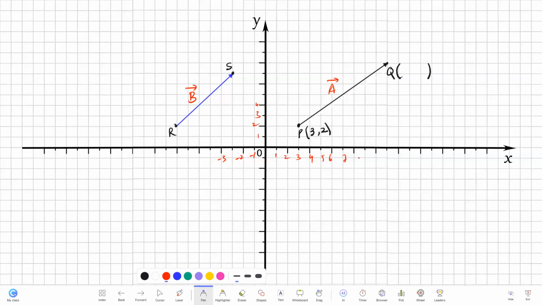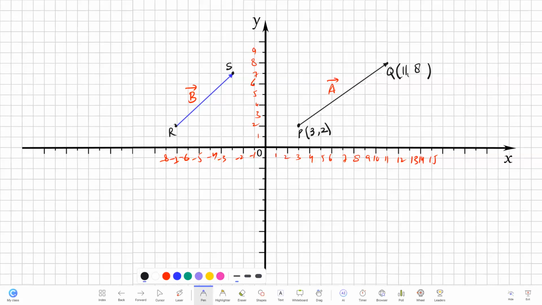Okay, pretty much most of you already put the coordinates, and the coordinates are 11 comma 8. This is 11 comma 8.